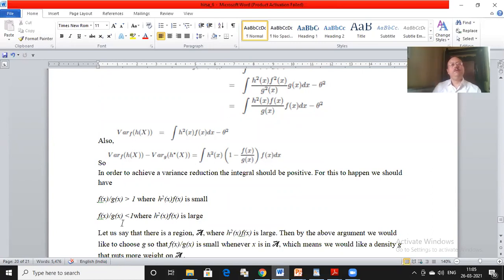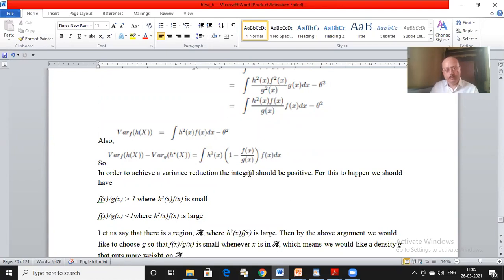Obviously, wherever h square f is large, there is more weightage in my integral. So in those regions, I will choose f by g to be small, so I will choose g to be larger than f in those regions. In other regions, I will compensate by choosing g to be smaller than f.